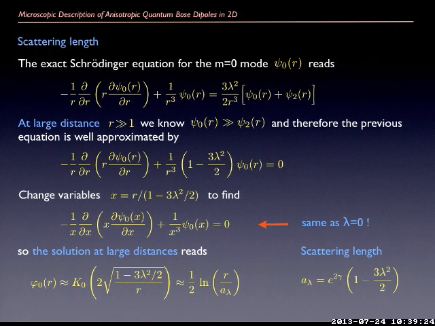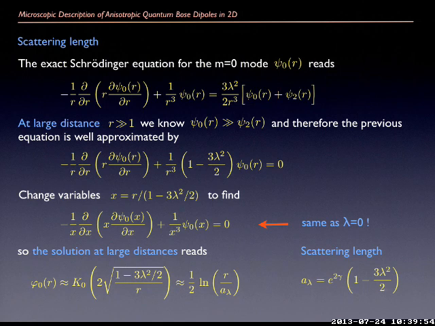at order lambda square only; we truncated the equation and stayed at order lambda square. Now we know from the previous slide that at large distances, which is where you see the scattering length, the second mode is much smaller than the first mode, so what you can do is the simple approximation of removing this term. Then you get an equation only for the zero mode, which can be solved easily, because it's the same kind of equation that you find for lambda equals 0, so it's a Bessel equation.